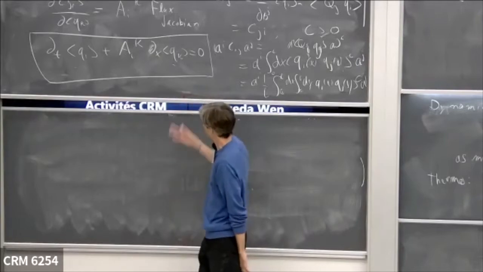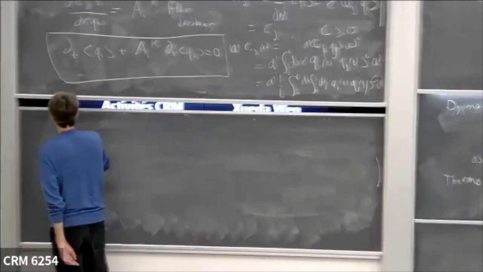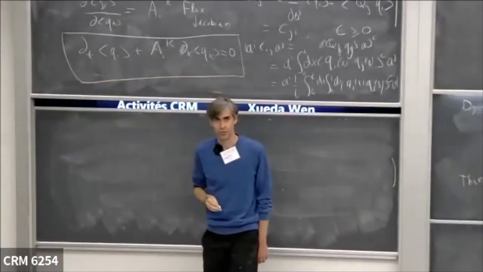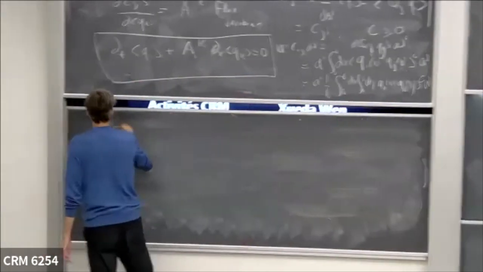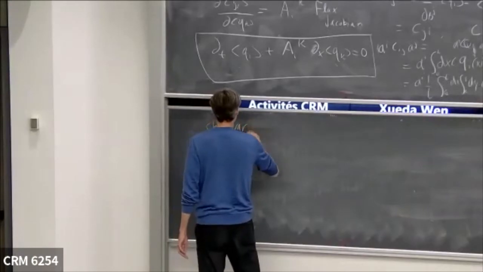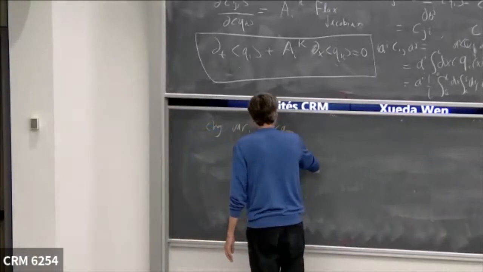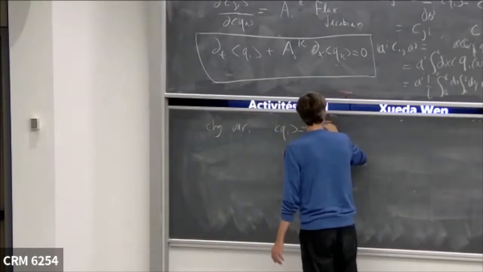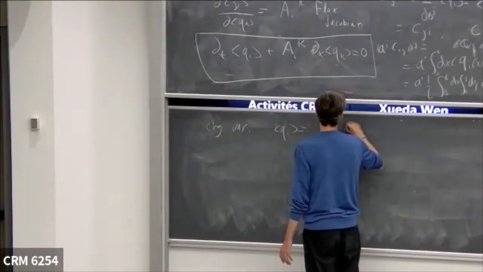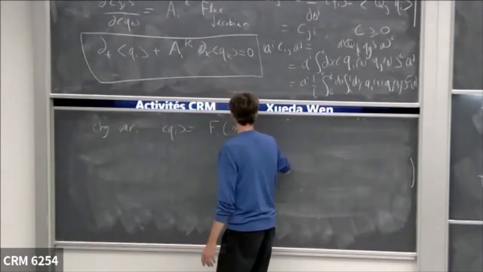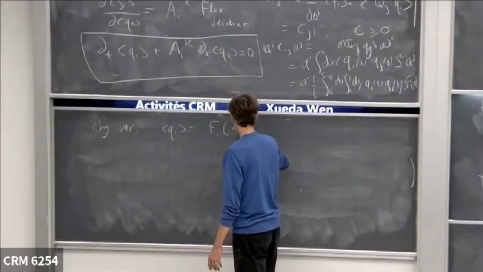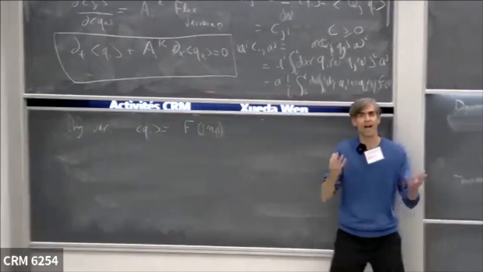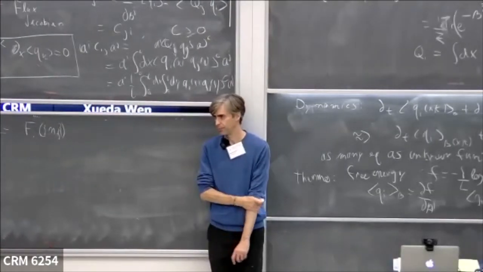In particular, you can try to diagonalize this equation. You can change variable. So suppose you write your q_i as some function of some other variables, I call them the n_j's.